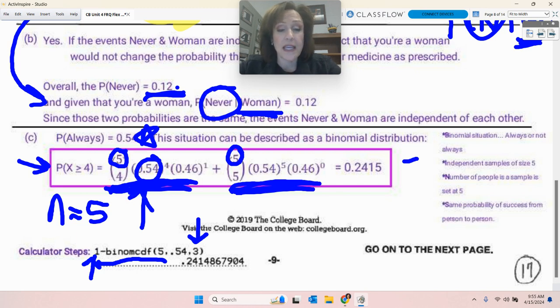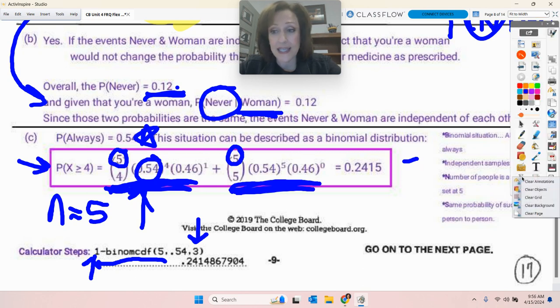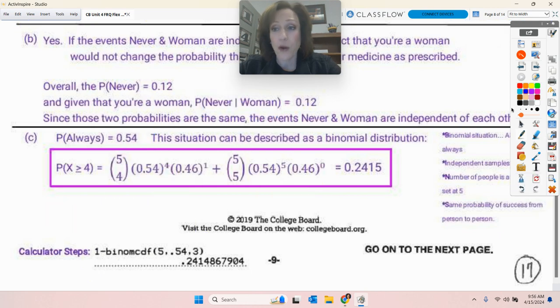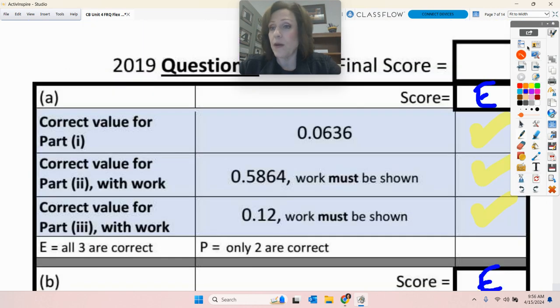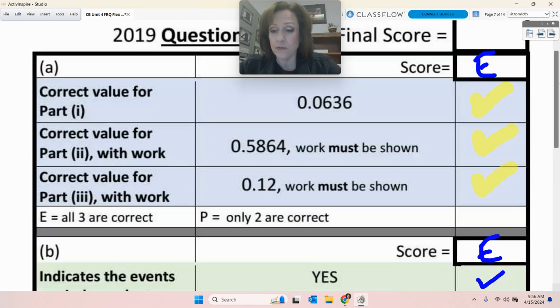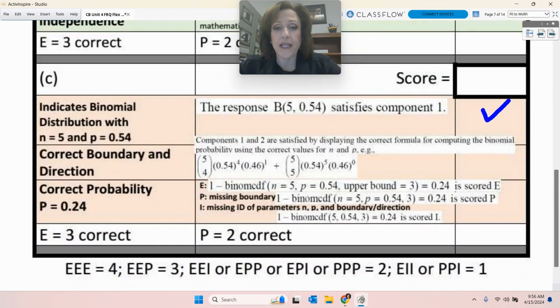So those things are what is going to get me credit for indicating binomial, what n is, and what the probability of success is. Okay, so let's go through those here. Indicated binomial with an n of 5 and a probability of 0.54. Then I also did the formula. And the correct boundary and direction, so 4 and above.